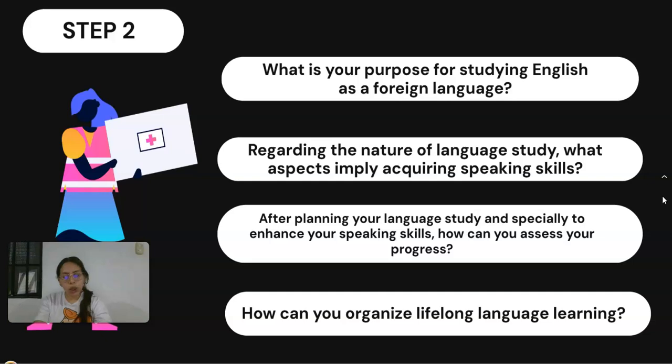Okay, in step 2 of this course, there are 4 questions. For example, the first is, what is your purpose for studying English as a foreign language? Okay, first, I love this, and then it's important because I work in this area, to acquire a skill for my job and gain access to foreign language knowledge.